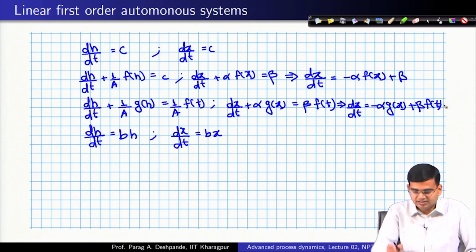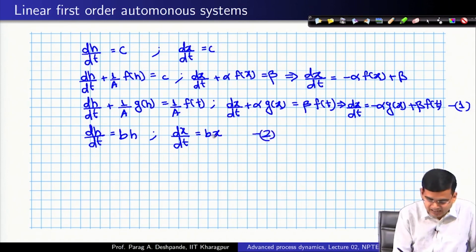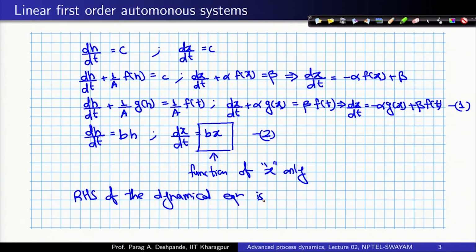So, when I compare equation 1 with equation 2, what I get is that the RHS here is a function of x only, which means that the RHS of the dynamical equation is a function of the dynamical variable only and not a function of time.